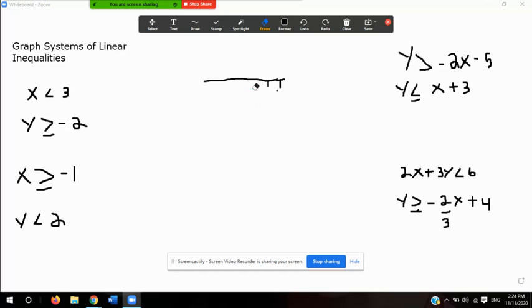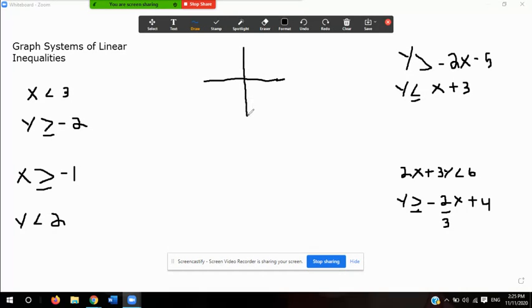So let me go ahead and just do that real quick. We're still looking at x is less than 3, but we're going to do it on a coordinate plane. So let me draw my y as the other part of the coordinate plane.